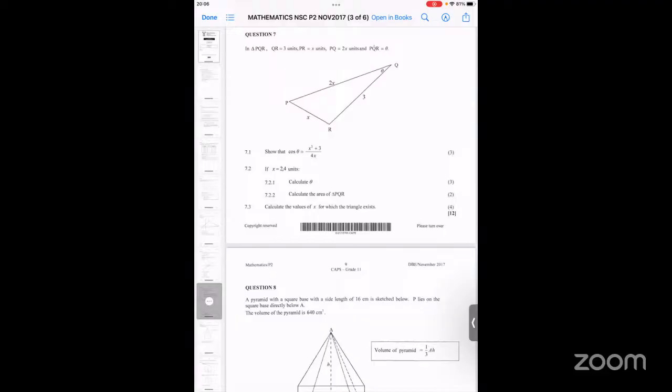We are given triangle PQR, where QR is equal to 3 units, yes, that we can see. PR is equal to x units, yes, that we can see. PQ equals x units, and angle PQR is equal to theta.